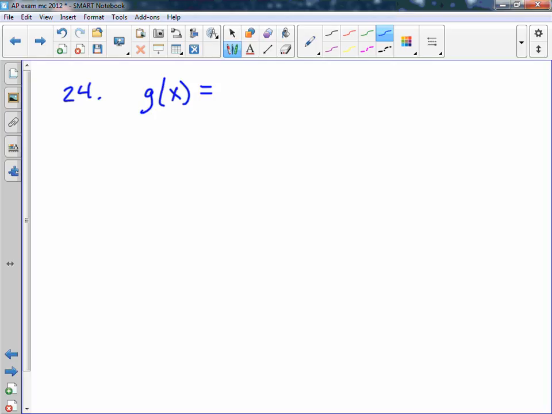Okay, number 24. g of x equals x squared times e to the kx. And here's another one where the k's freaked you out. k stands for constant. Okay. And then there's a word, critical.